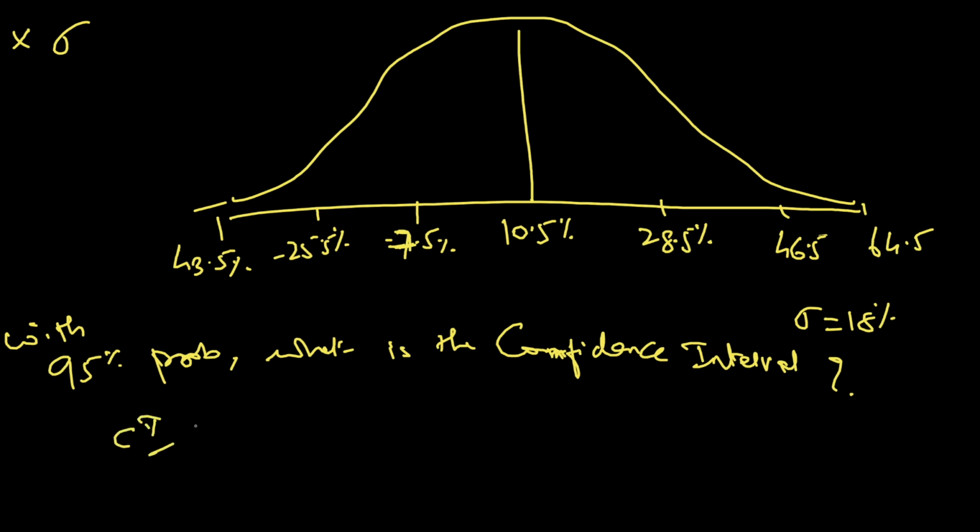Confidence interval is equal to mean, 10.5 percentage, plus or minus z score, which for 95 percentage is by default 1.96, into standard deviation, 18 percentage.